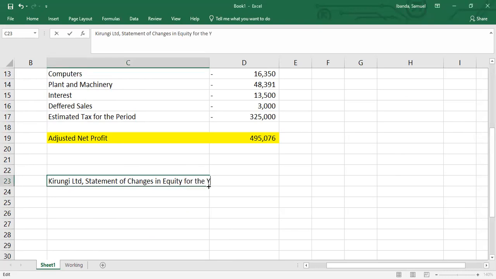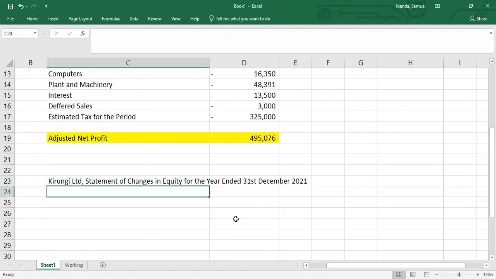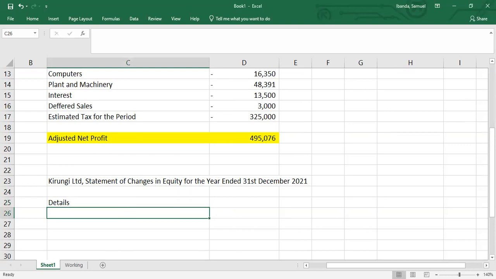2021. And now, statement of changes in equity, like we're saying, looks at equity items. So in most cases, it will have a details column.